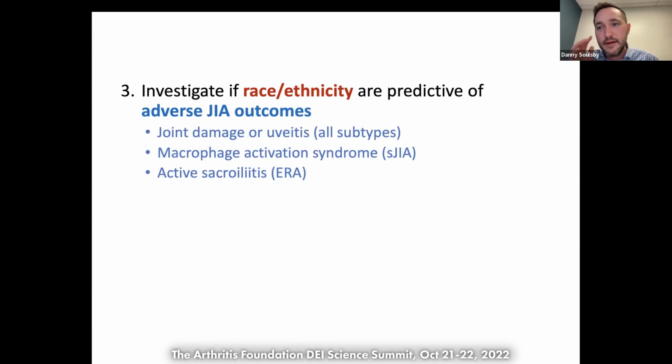I should have said at the beginning of this talk that JIA is a heterogeneous group of diseases that are not all the same, as well as a few disease subtype specific outcomes such as macrophage activation syndrome in systemic onset JIA and active sacroiliitis in enthesitis related arthritis.